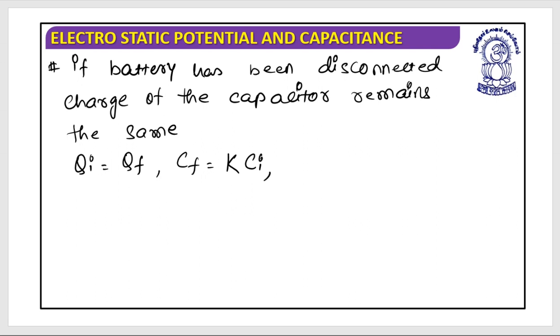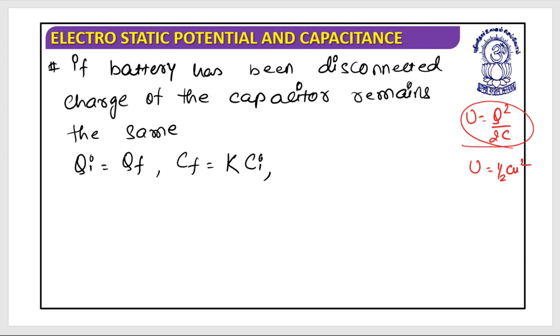And what about the energy? What should I write? Should I go with half CV square or Q square by 2C? Yes, you are correct. You should move with Q square by 2C because charge is constant.